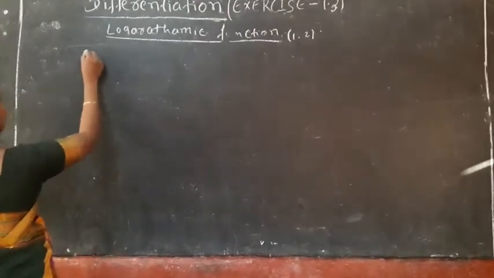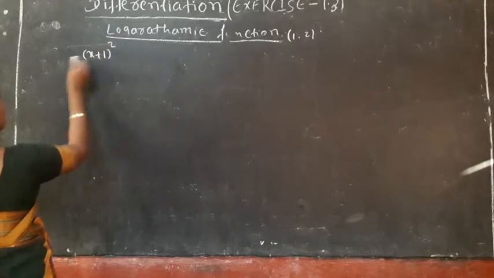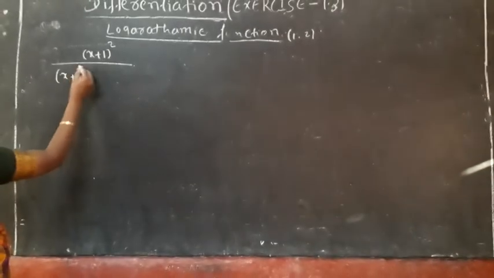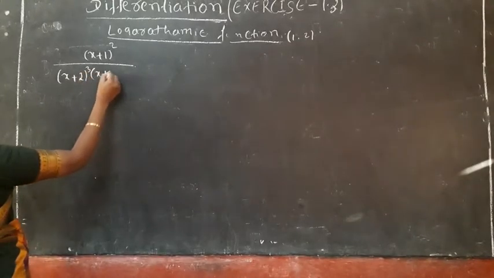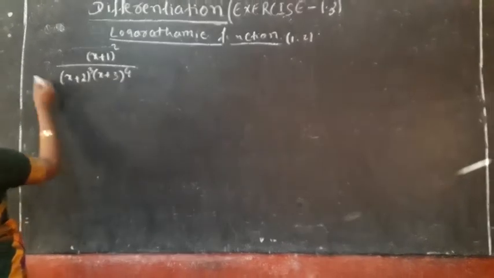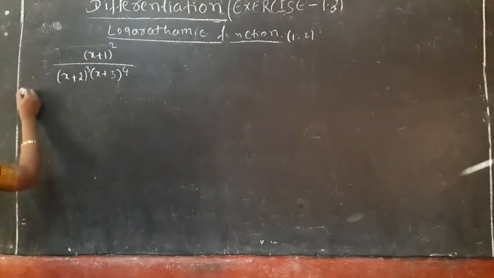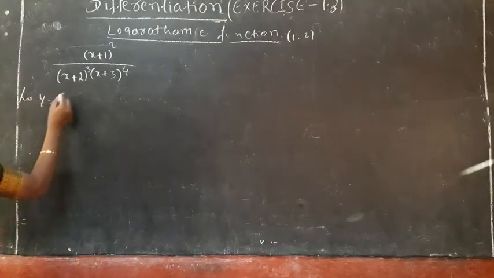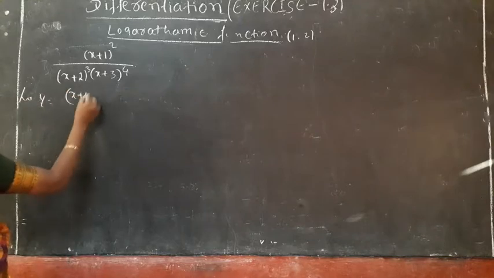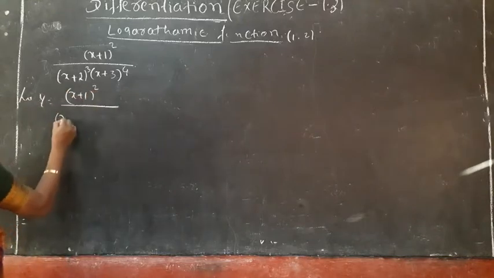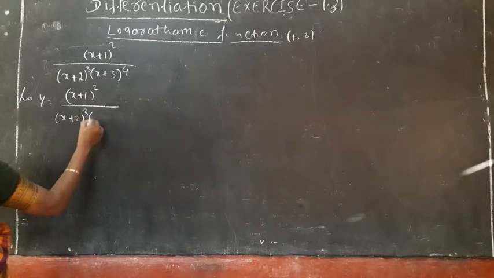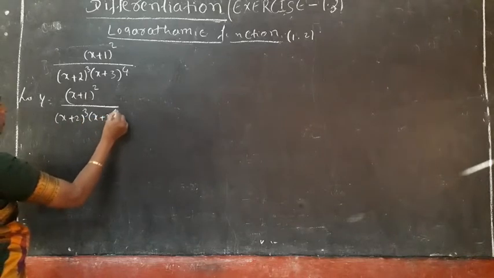First one is (x plus 1) raised to 2 divided by (x plus 2) raised to 3 (x plus 3) raised to 4. First, define the function. Here, let y equal to (x plus 1) raised to 2 divided by (x plus 2) raised to 3 (x plus 3) raised to 4.